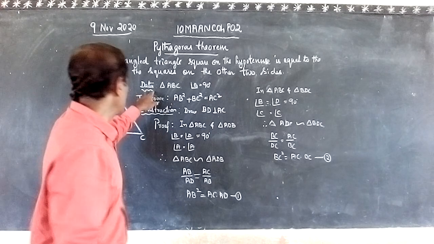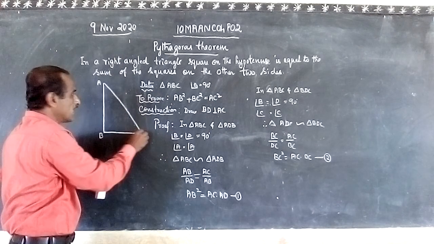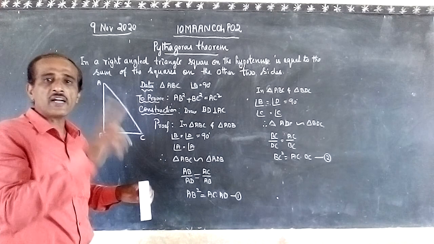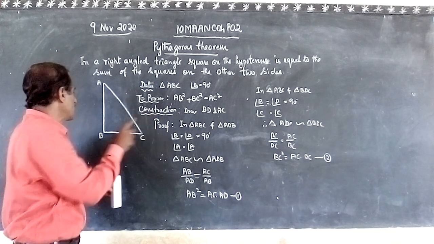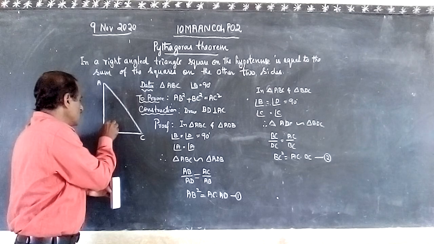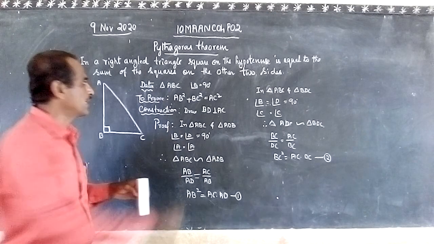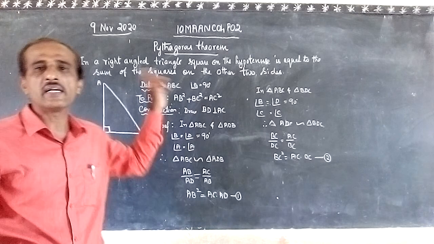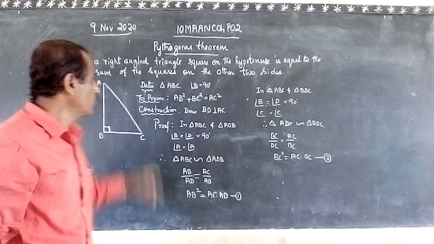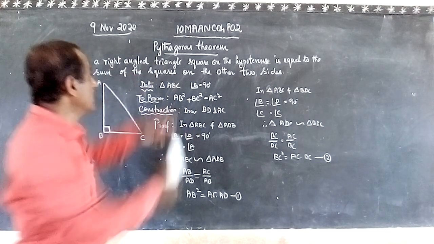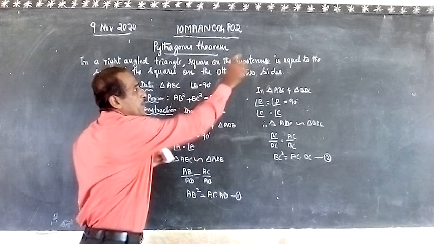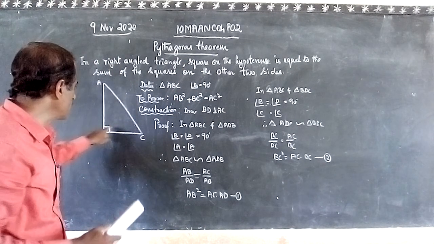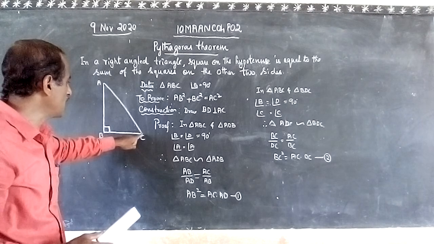Therefore, data given: a right angled triangle, say triangle ABC. If it is a right angled triangle, you have to show which angle is 90 degree. Let us consider angle B is 90 degree. So triangle ABC, where angle B is equal to 90 degree. It is given. What you have to prove: the square on the hypotenuse. If angle B is 90 degree, AC is the hypotenuse.